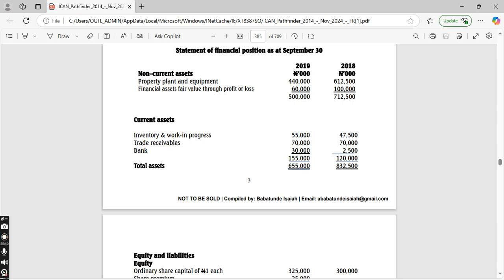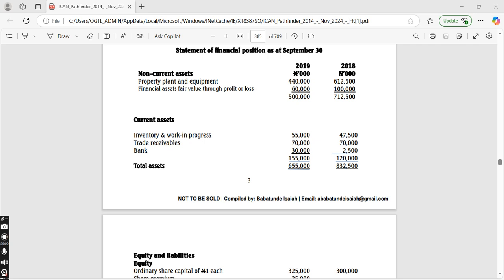We are to look for the impairment for the year. What will be our impairment for the year? That's what we are looking at here now.